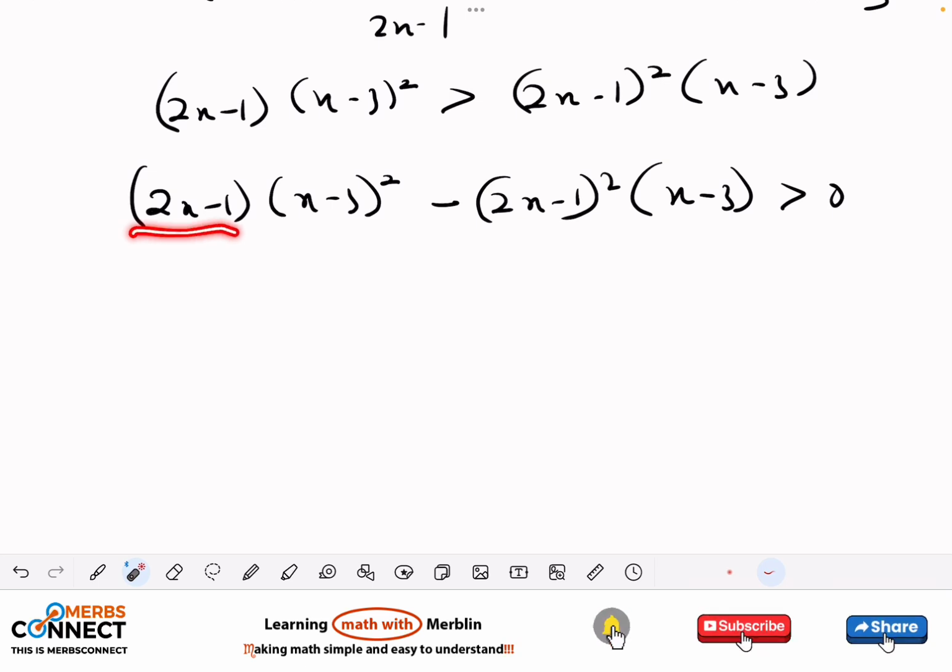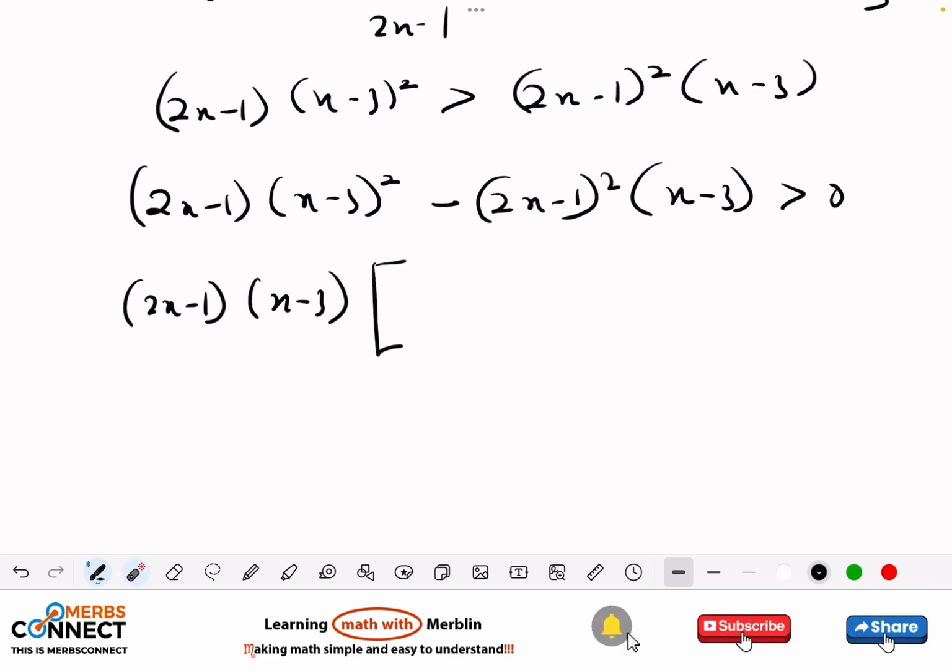I have 2x minus 1, I have 2x minus 1. I have x minus 3, I have x minus 3. So I'm going to factor 2x minus 1 out, x minus 3 out, open bracket. So when I factor this one out, nothing will be left there, right? But when I factor one of this one out, it will be left with x minus 3, right?